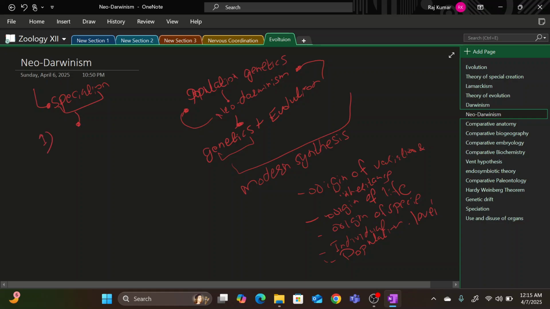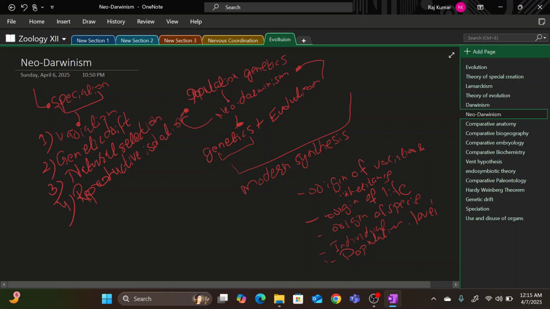There are five principles for speciation, five principles of neo-Darwinism: number one involves variation, number two involves genetic drift, number three involves natural selection, number four involves reproductive isolation, and number five is artificial selection.